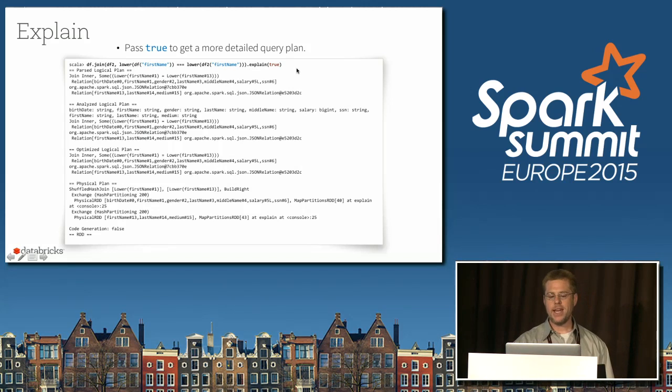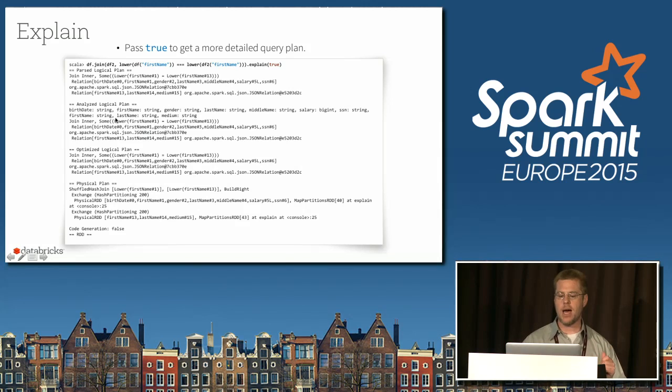And we say explain true, and we get out sections that correspond to that diagram I just showed, right? So parsed logical plan, this is what it looks like. Analyzed logical plan. Notice we can track this conversation we just had through the different stages here. Analyzed logical plan looks about the same, except that now we've brought in the catalog information.